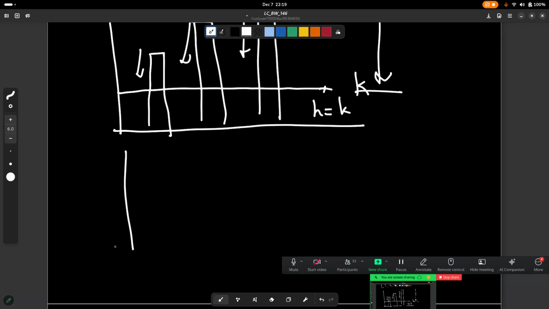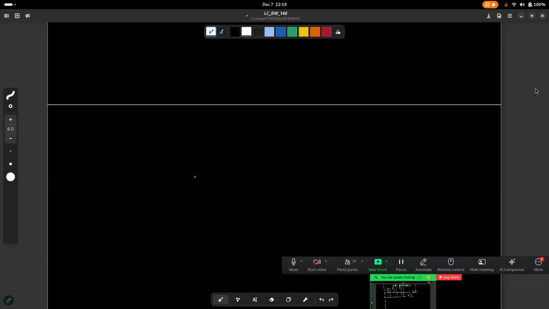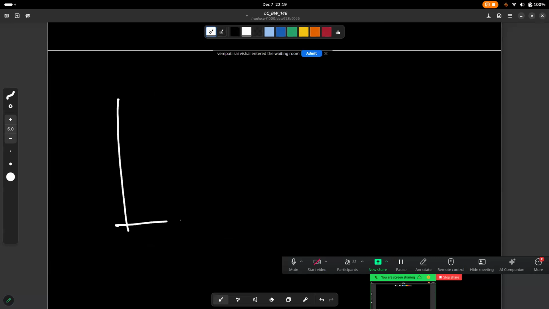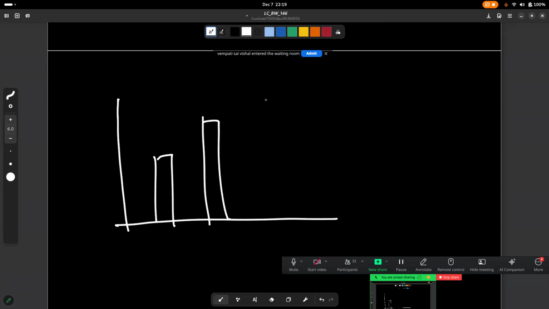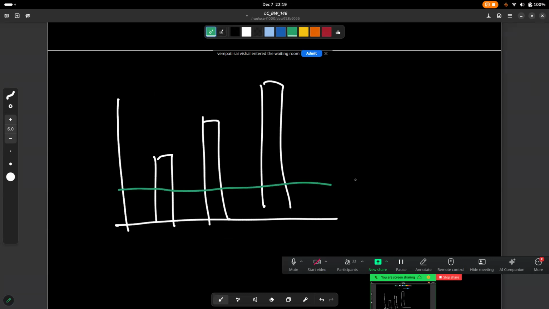But I can only choose a value of h when there's exactly one level above it. So this is my array, and this is my target, that is k. Now, what are the permissible values of h where I can draw a line for h? Can I draw a line over here?